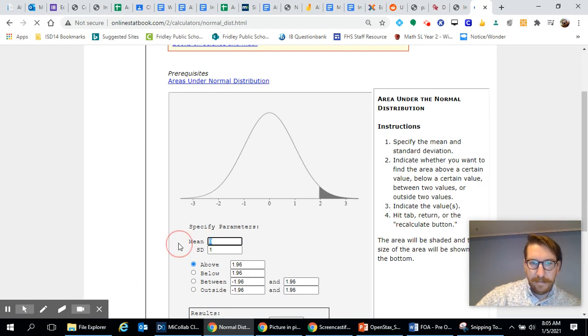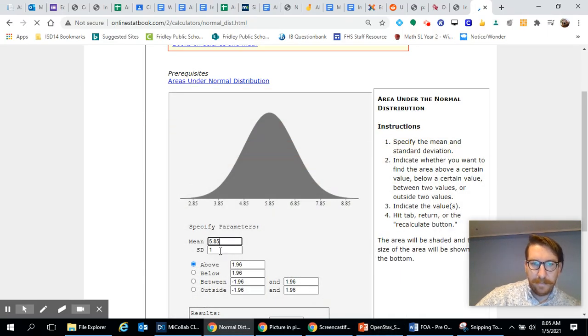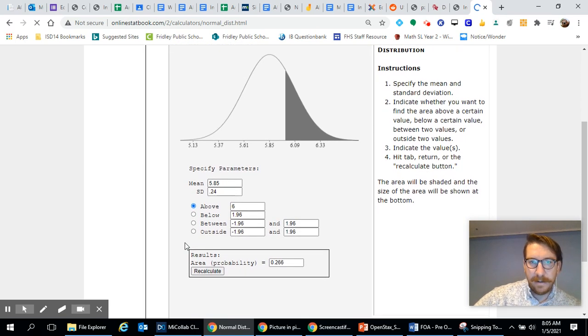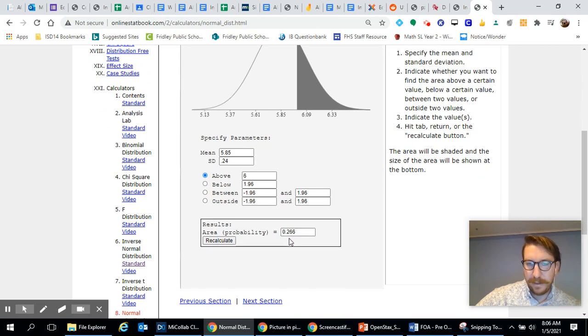So this had an average of 5.85, standard deviation of 0.24. We were looking for above 6. There it gives us our labels. So to go above 6, we get 0.266. So about 26.6%. And there's our first one.